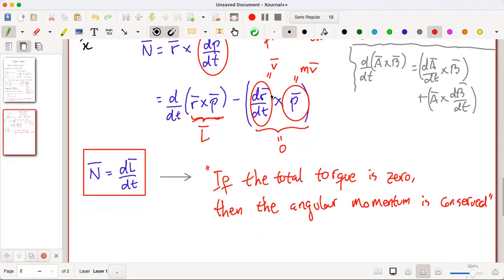As we can easily see from here, if this is 0, then dL/dt equals 0, which means that L is constant. And this is what we call the conservation law of angular momentum.